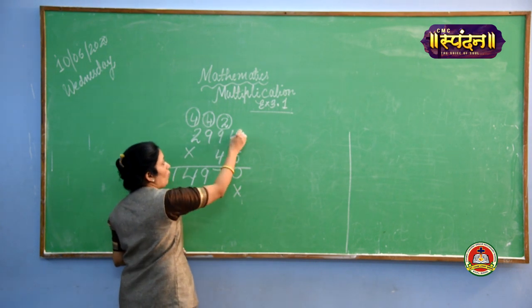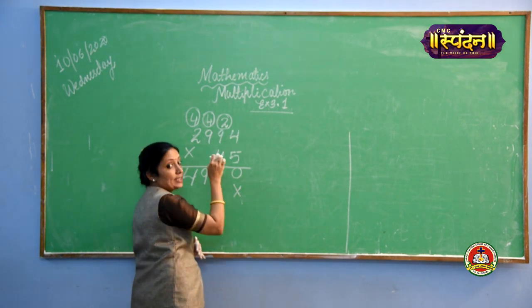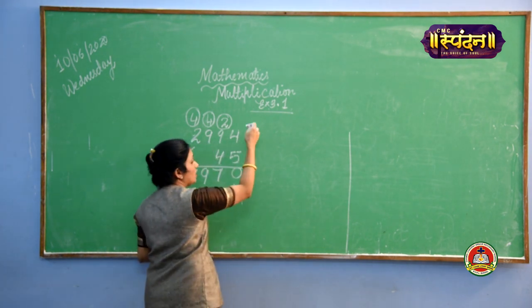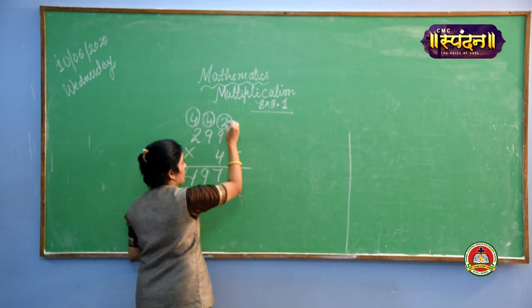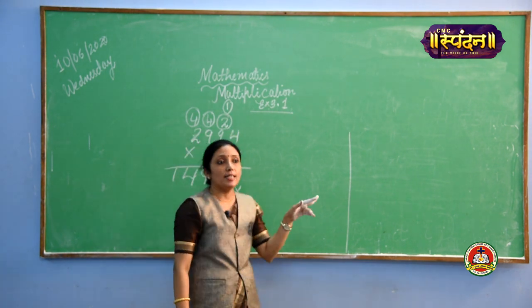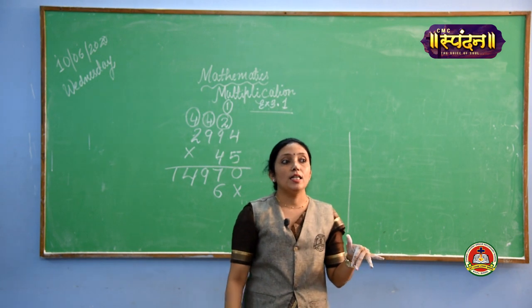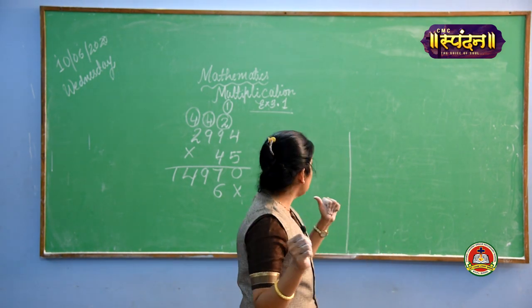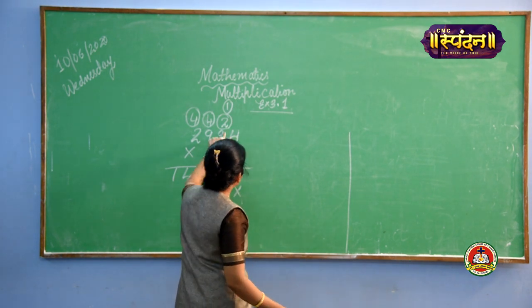So now the second digit is started. 4 4's are 16. Now again a carryover has gone. 4 9's are 36. So children, see, 4 nines are 36.